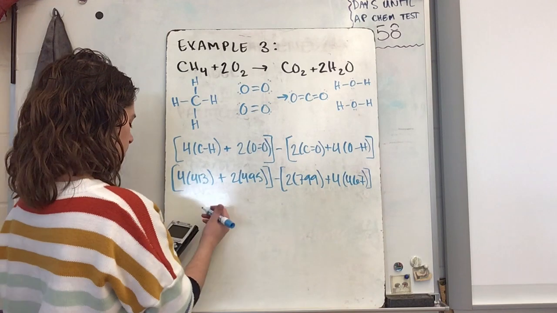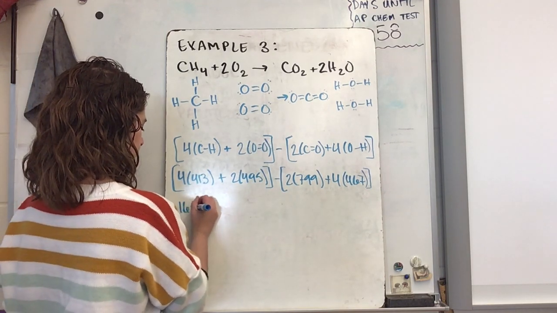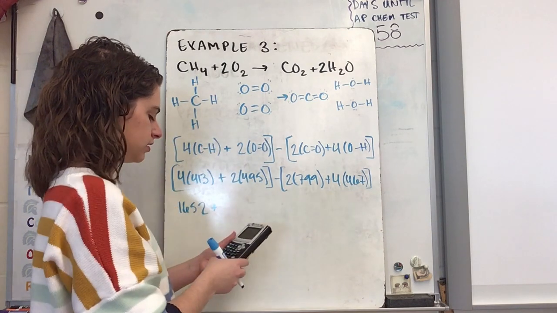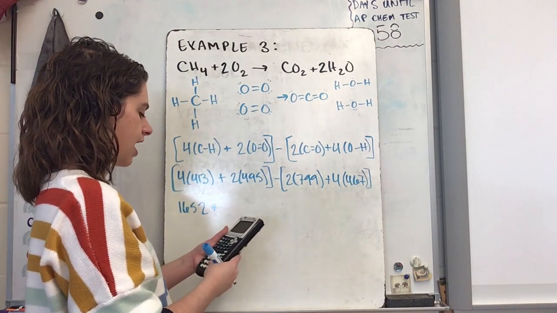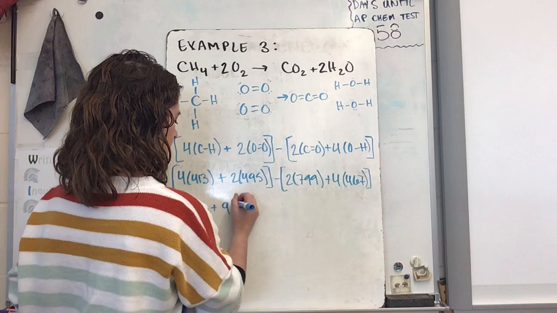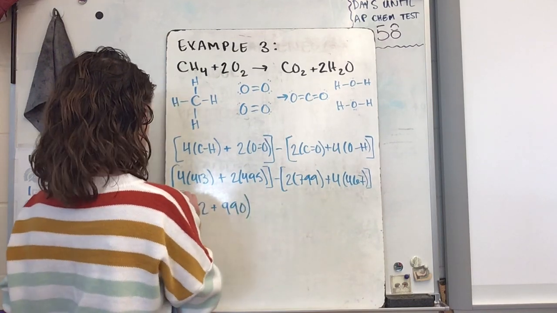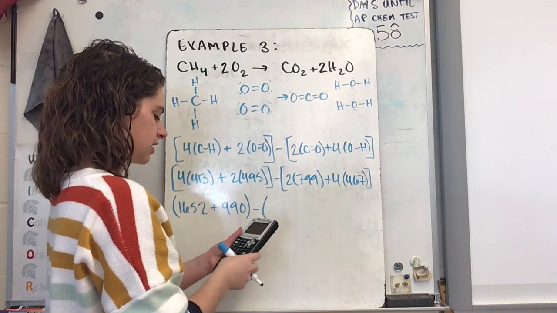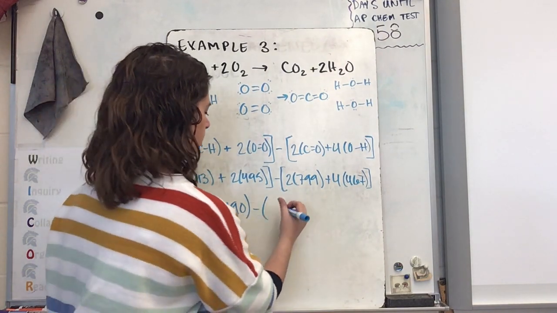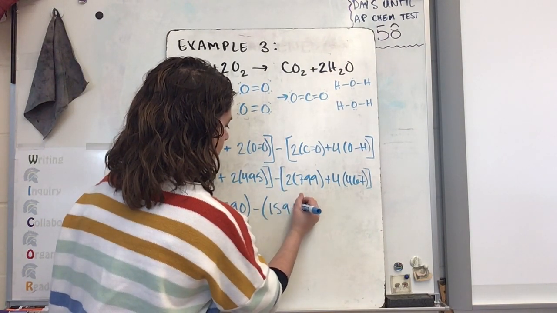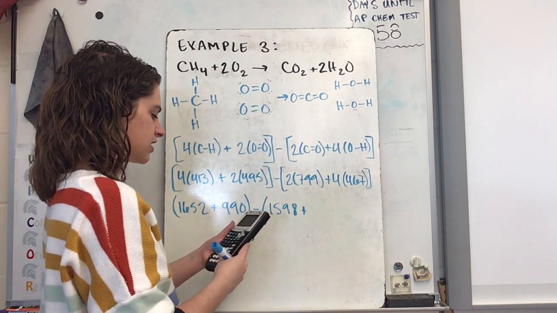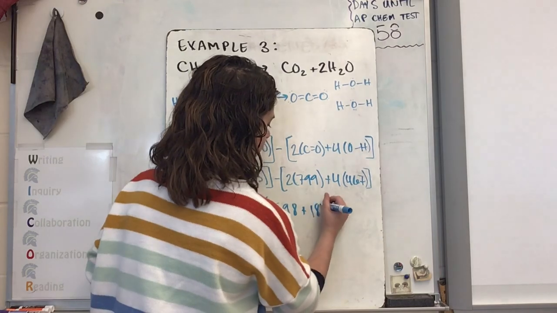So 4 times 413 is 1652. 2 times 495 is 990. 2 times 799 is 1598. And 4 times 467 is 1868.